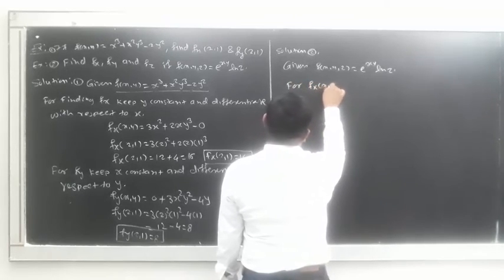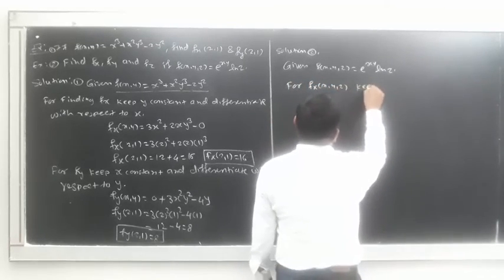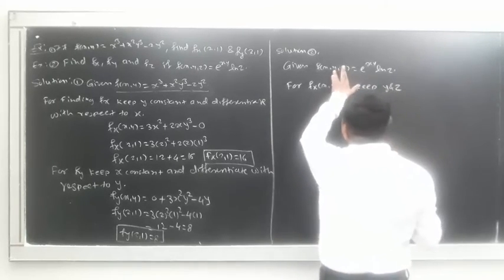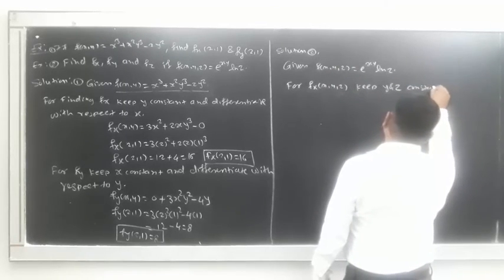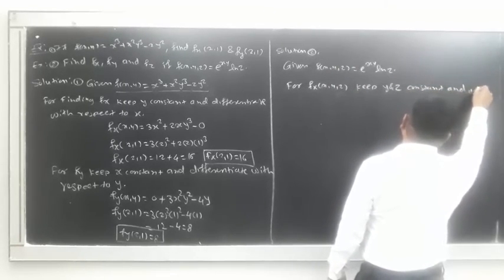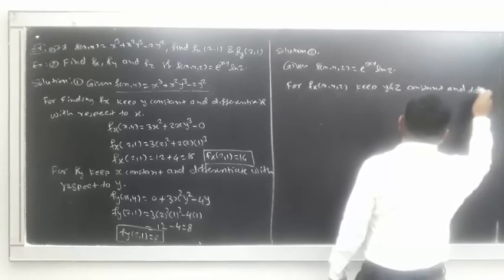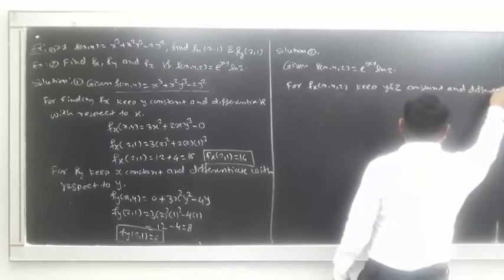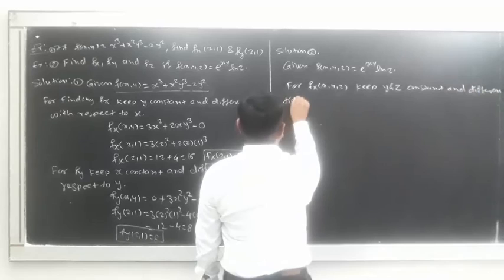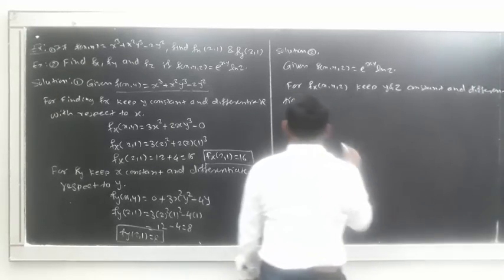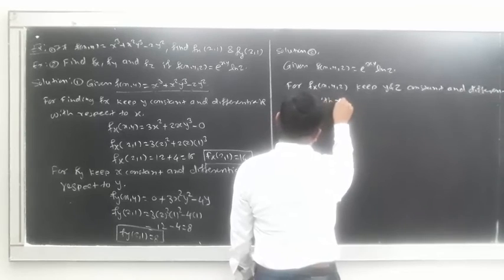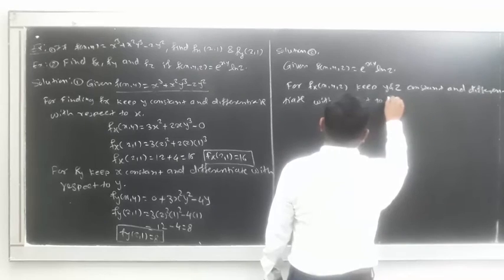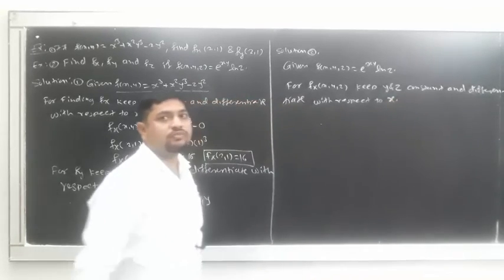For fx(x,y,z), keep the remaining, that is y and z, constant, and differentiate with respect to x.